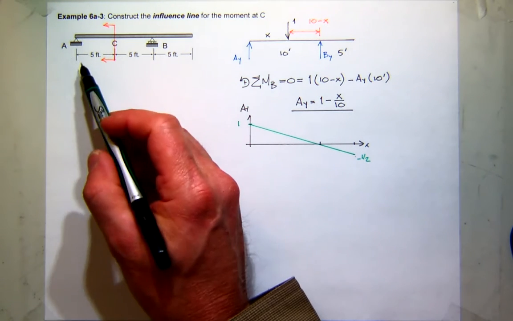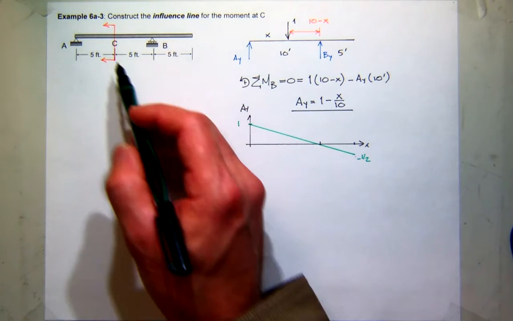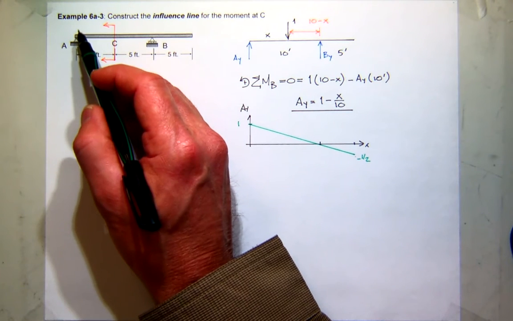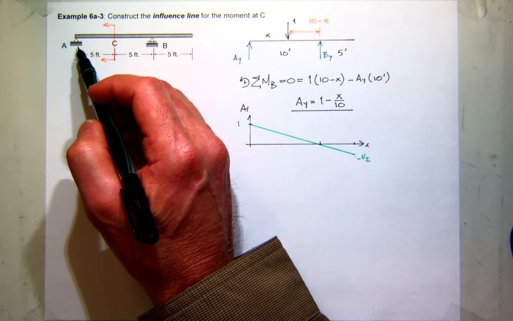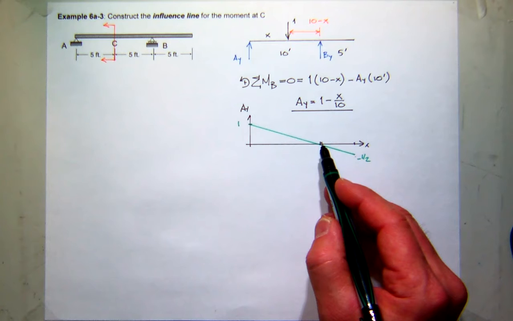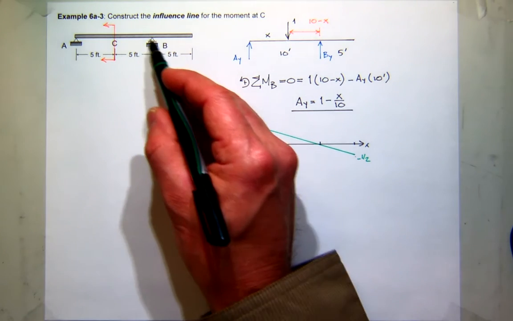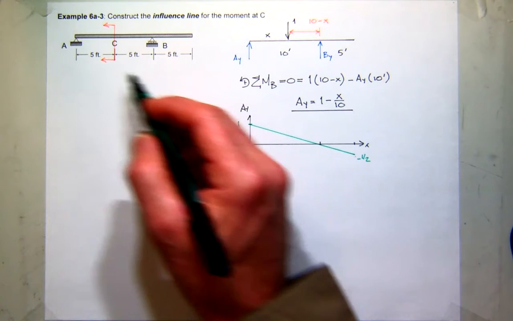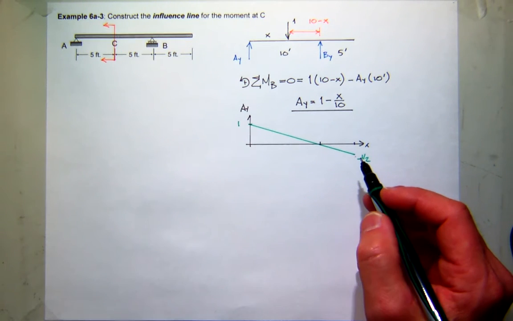So the maximum reaction at A for my moving load is when I'm at X equals 0. So when I'm standing right on top of A, I'm creating the maximum reaction at A. And as I move over to B, when I'm standing on B, that's this point, I create no reaction. And as I move out on the end of the cantilever, the reaction changes direction and is pulling down. The maximum value there would be half the load.